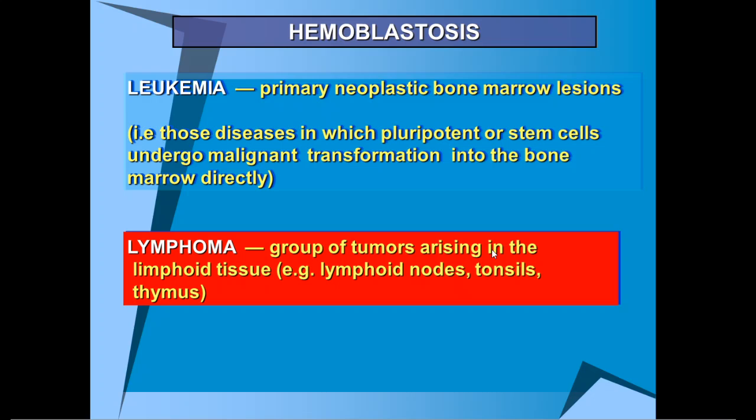So what type of predecessors grows, is it lymphoid cell or myeloid? This classification, leukemia and lymphoma, is according to spreading of the tumors.